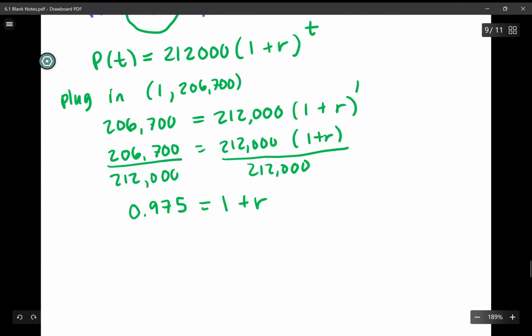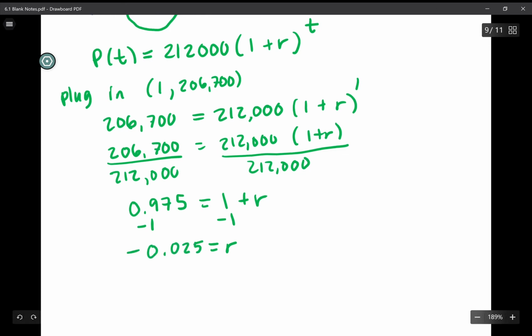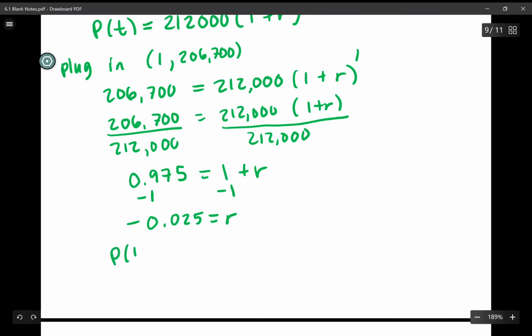Now I'm going to subtract 1 from each side. Excuse me. R equals negative 0.025. So let's plug this into our model. P of t equals 212,000 times 1 plus negative 0.025 to the t. That's our model for this Bobsville's population.